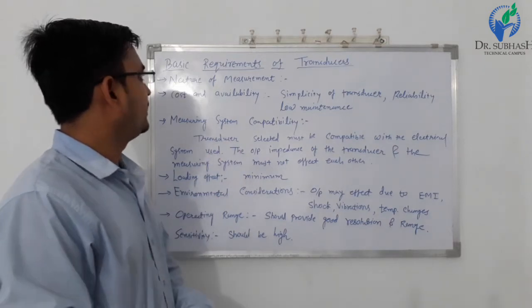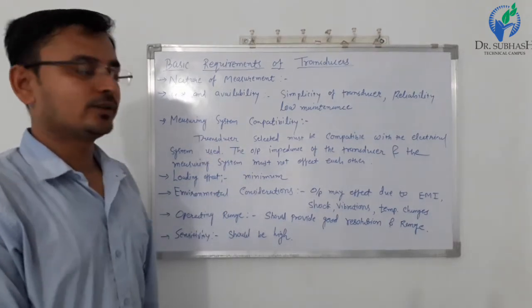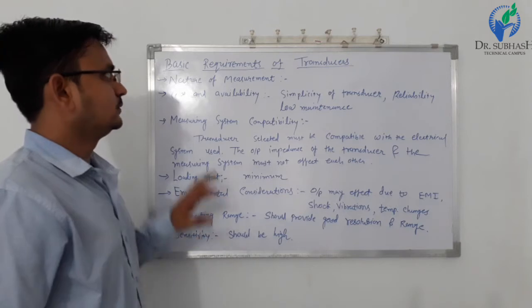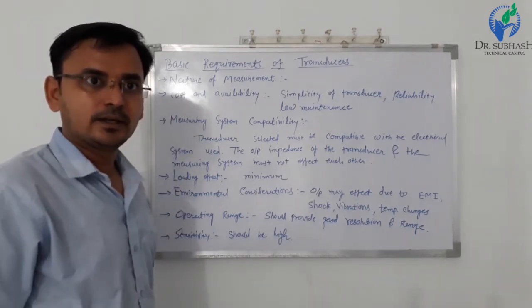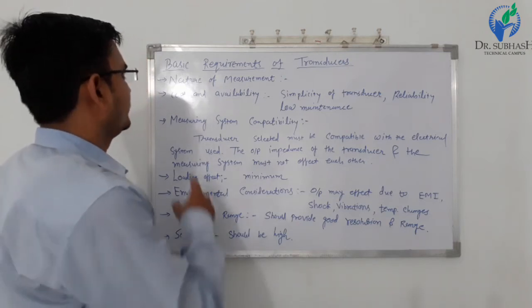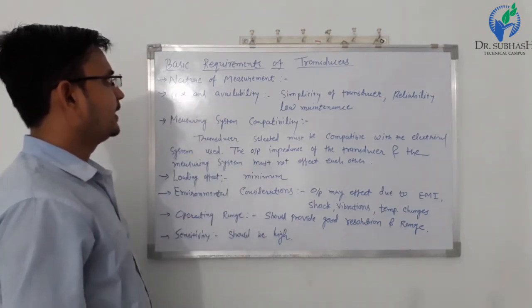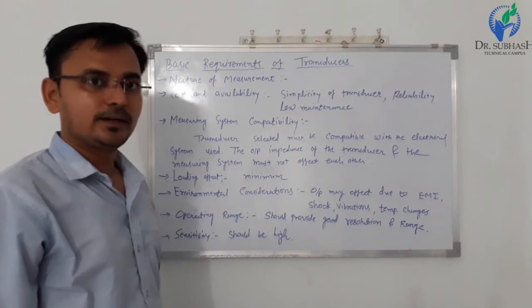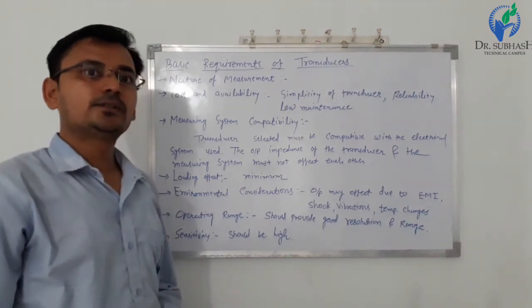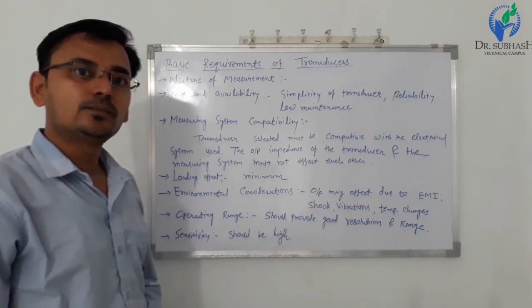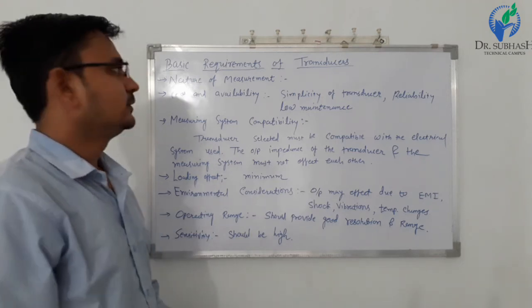Now we will see the basic requirements of transducers. This is important for the selection of a transducer at any place. First requirement is nature of measurement. It means we must know the nature of the quantity to be measured.